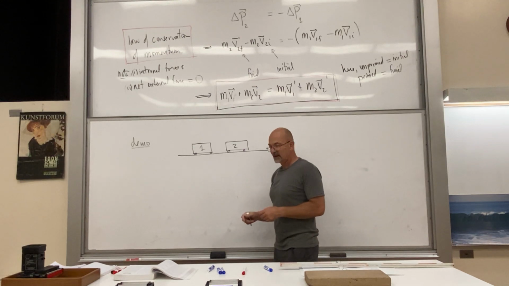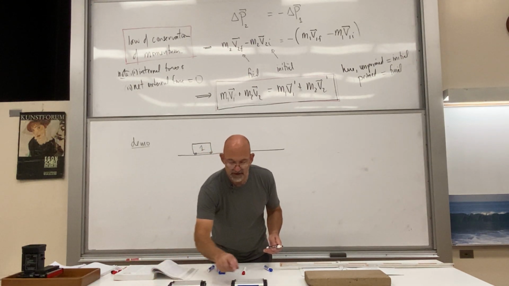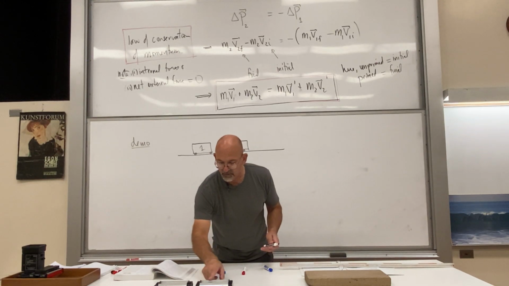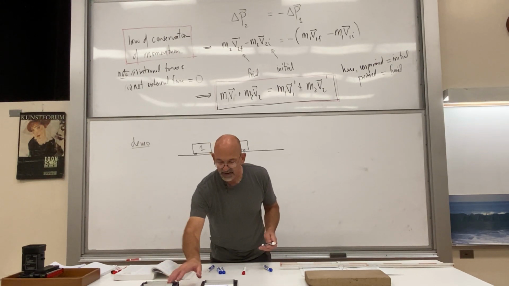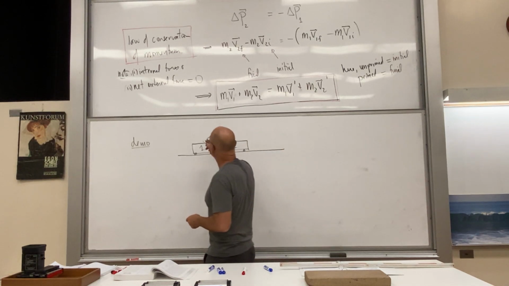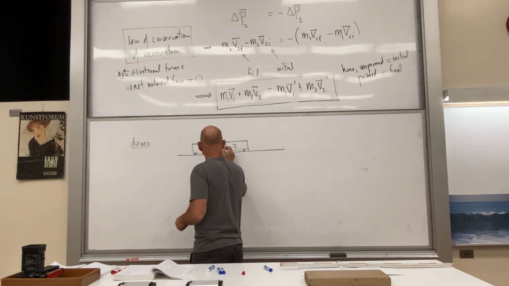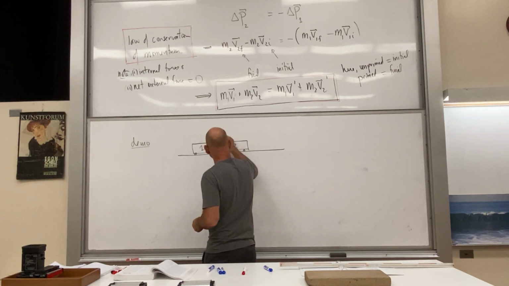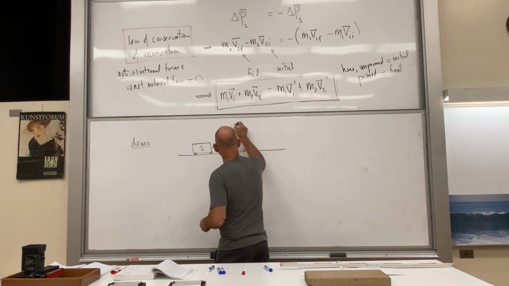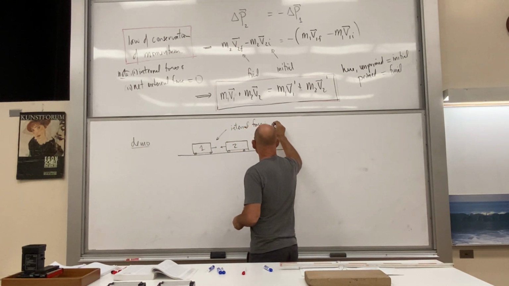We did see them collide, and we did see them not touch. That collision, where they don't touch, is due to an internal force because they have those magnets inside of them. So the internal force was those magnets.